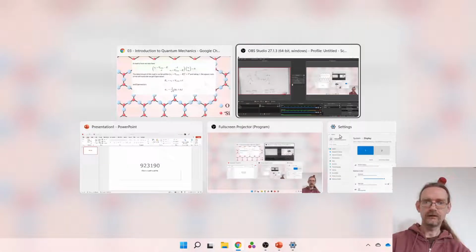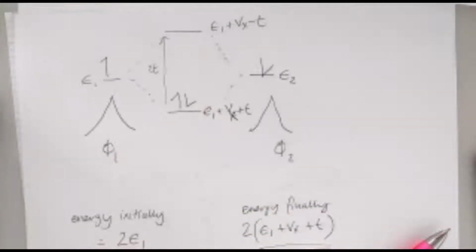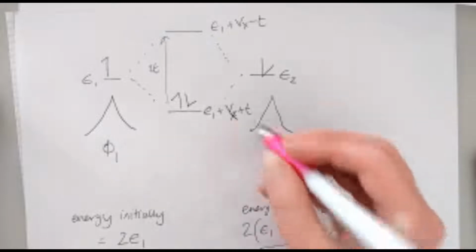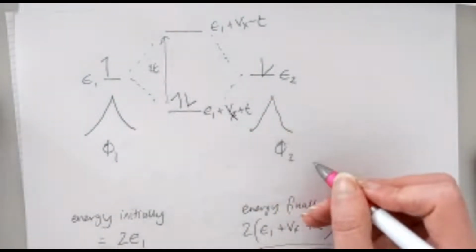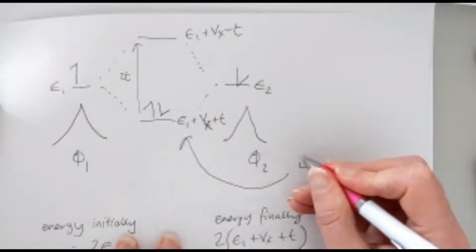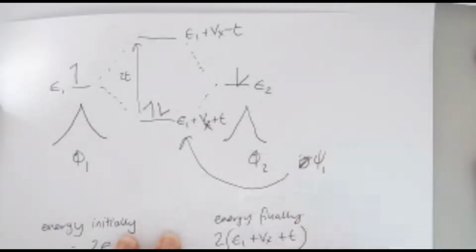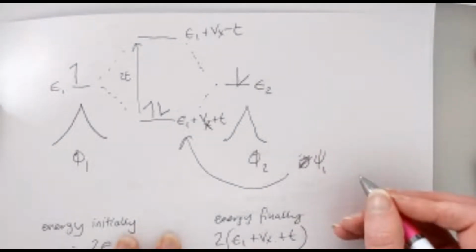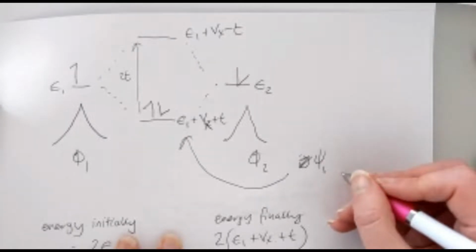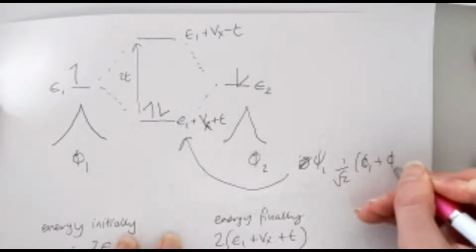And what I should have said is that the wave functions that we get out, so this one here, its solution, so we can call this phi 1, it's the best, lowest energy solution we found, and that is equal to 1 upon root 2 times phi 1 plus phi 2.